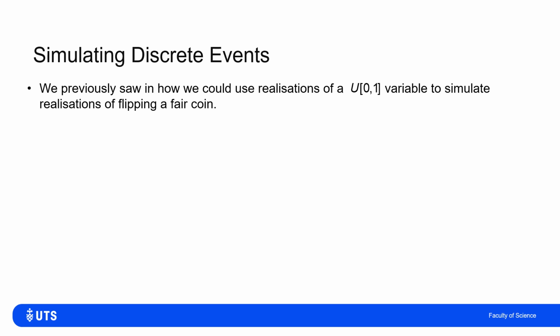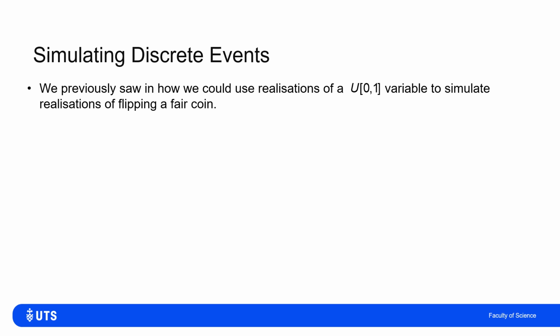So a uniform 0-1 variable was just a decimal value between 0 and 1, without any sort of bias towards being close to 0 or close to 1 or close to the middle, that it is just a decimal somewhere in that range. So if I asked for a realization of a uniform 0-1, maybe it's 0.37416.